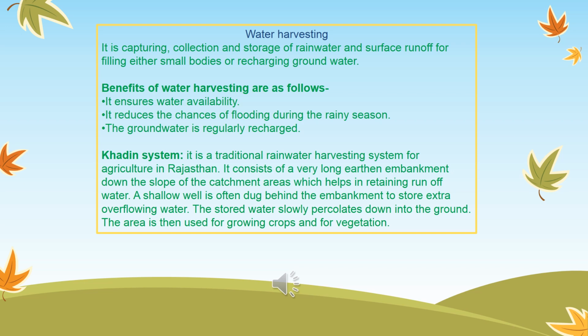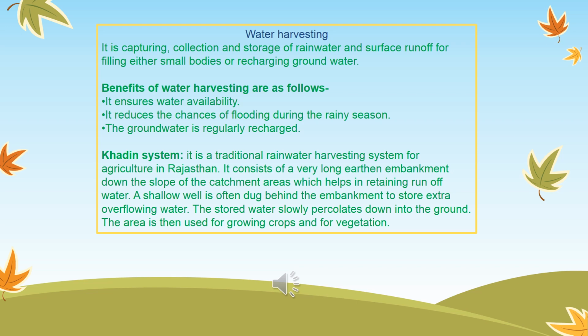Some of the ancient water harvesting structures used in different rural regions of our country are: in Rajasthan, we find Khadin systems; in Maharashtra, Bandharas and Tals; Madhya Pradesh, Bundis; Bihar, Ahars and Pynes; Himachal Pradesh, Kuls; Jammu region, Ponds; Tamil Nadu, Eris; Kerala, Surangams; and Karnataka, Kattas. So, these are traditional water harvesting methods.